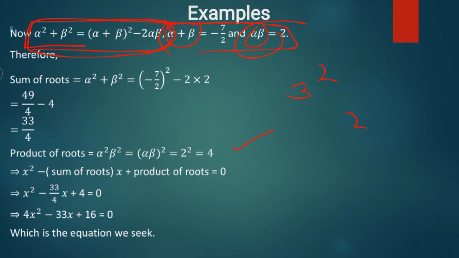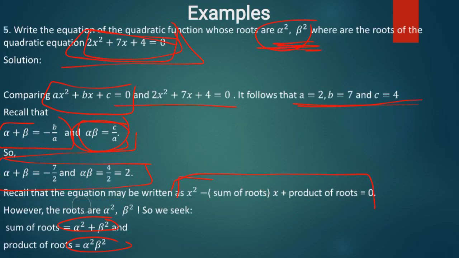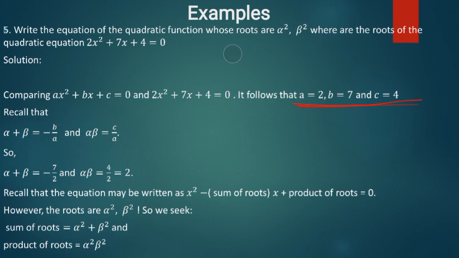So first thing first, once you're given any quadratic equation with alpha beta, first you relate it with the standard quadratic equation, pull out the alpha and the beta, find the sum alpha plus beta and the product alpha beta.